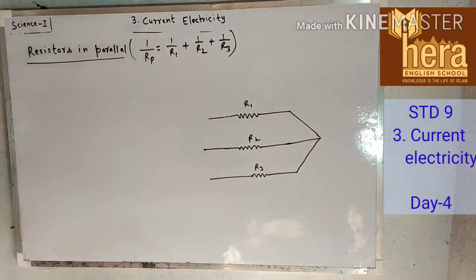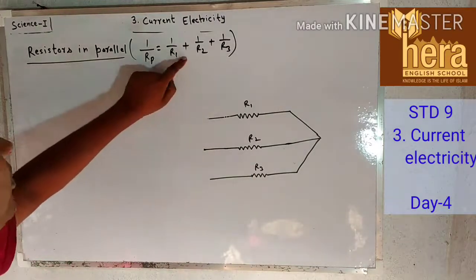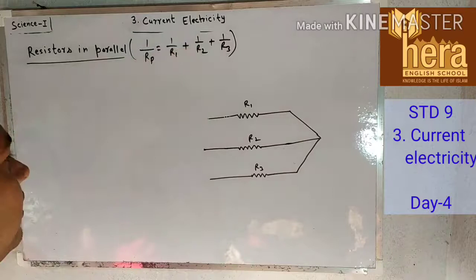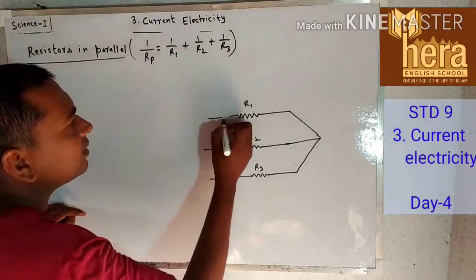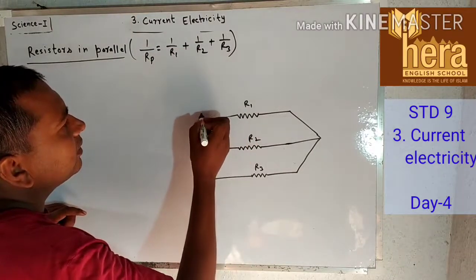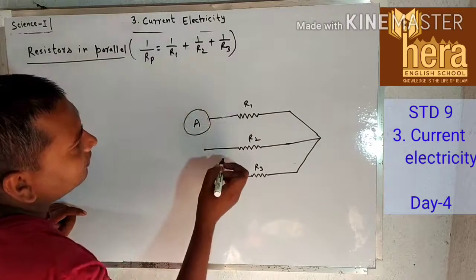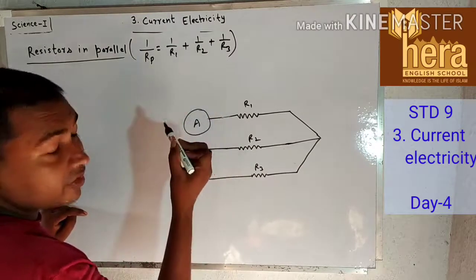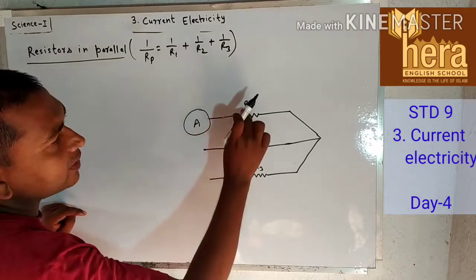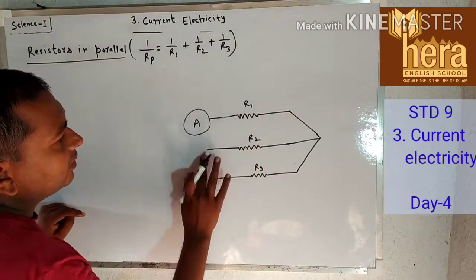We are going to derive 1 upon Rp is equal to 1 upon R1 plus 1 upon R2 plus 1 upon R3. Here is an ammeter which will measure the current in the resistance R1.